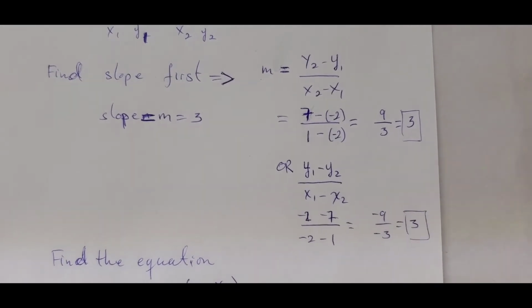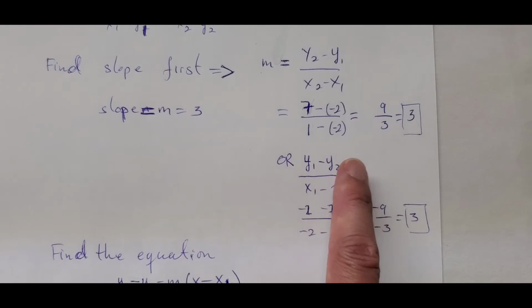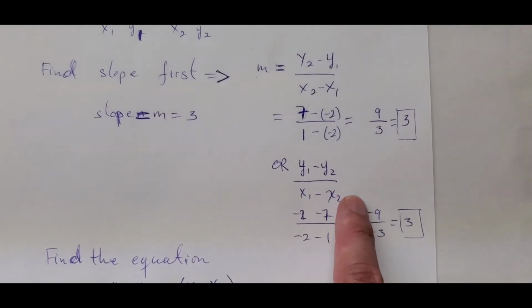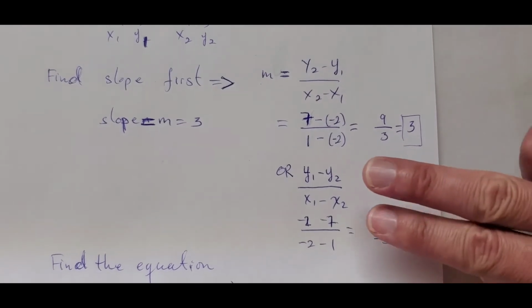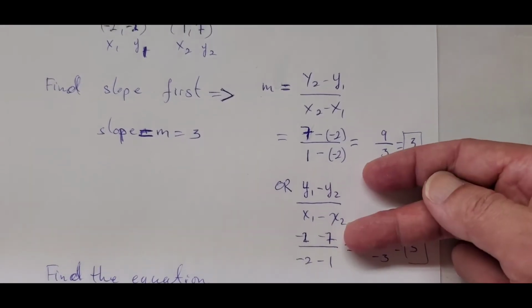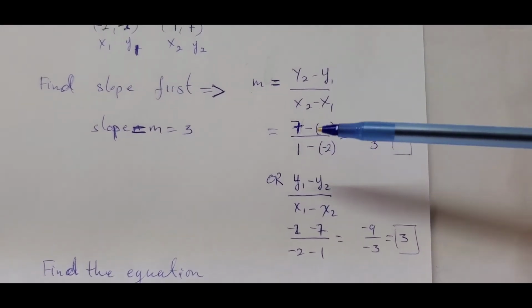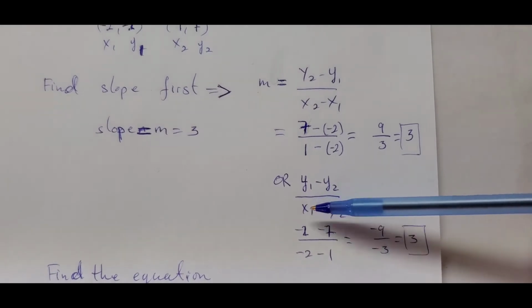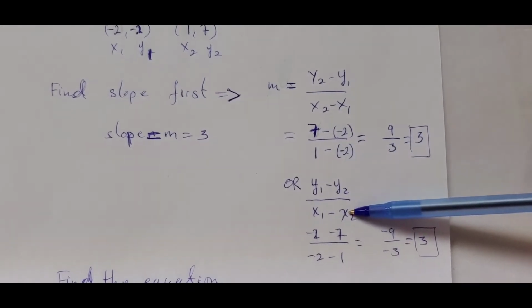What I meant by flipping is switching to y1 first and then y2, and x1 and then x2. I didn't mean flipping the whole fraction upside down. Be very careful of that.